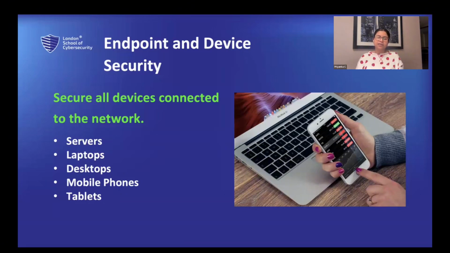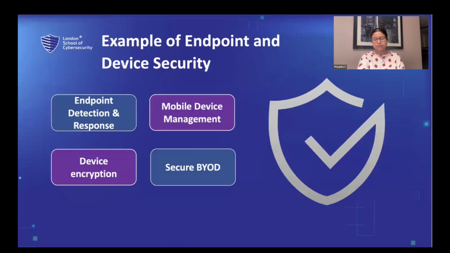And then the other kind of device you would have in the network is the servers. Servers are typically only managed by IT, or people who have some responsibility to manage centralized technology. Now, what are some examples of controls that we can use?